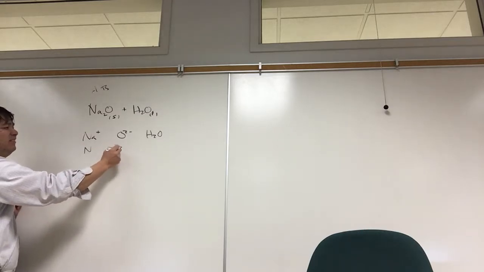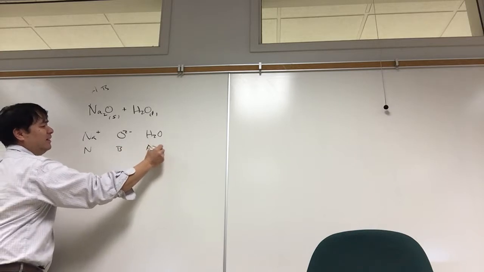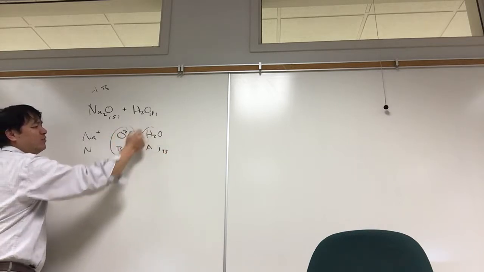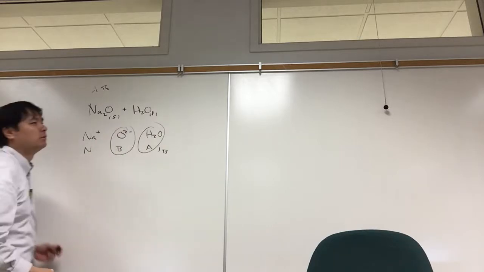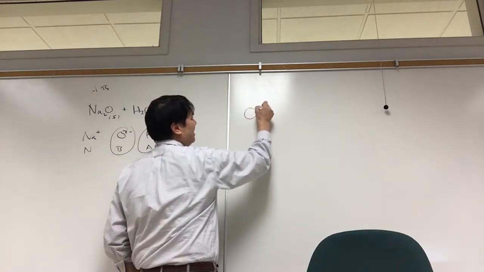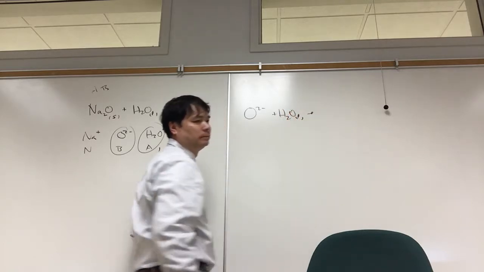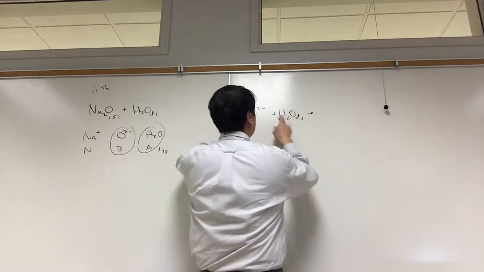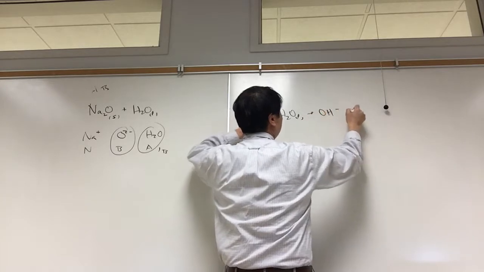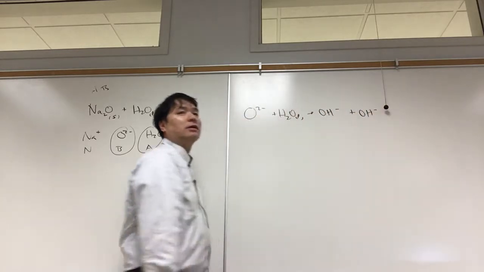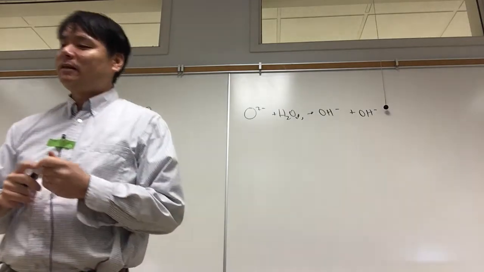Oxide is a base. We only have one choice here, oxide and water. So oxide plus water yields what? Well, this one picks up, so we're going to end up with hydroxide. This one's going to lose, so we end up with hydroxide. Hydroxide and hydroxide.